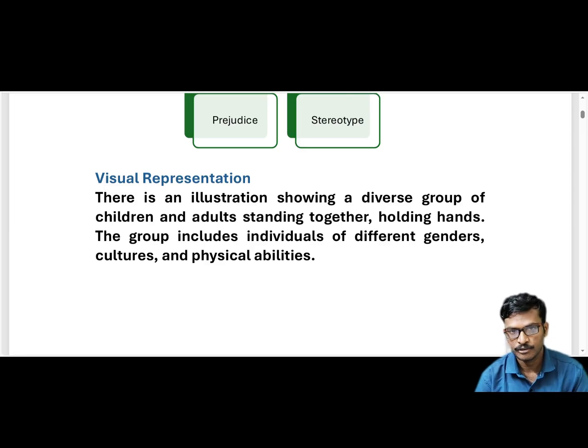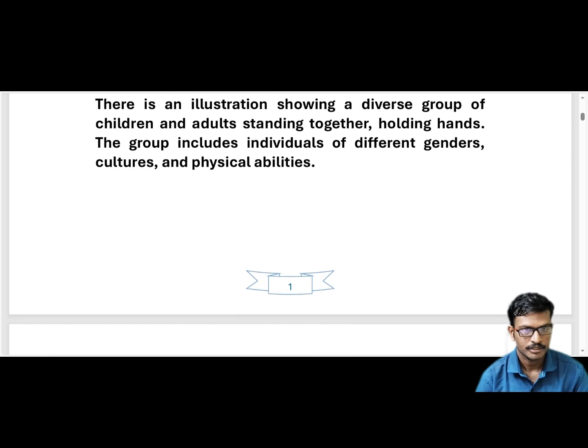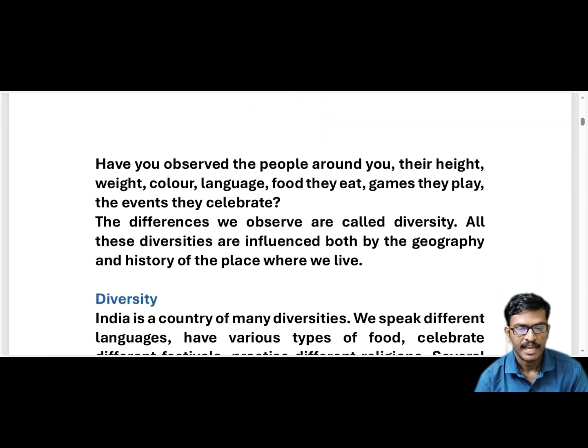People speak different languages. And there are different food habits also. Everyone has a different taste, and everyone doesn't like the same item.